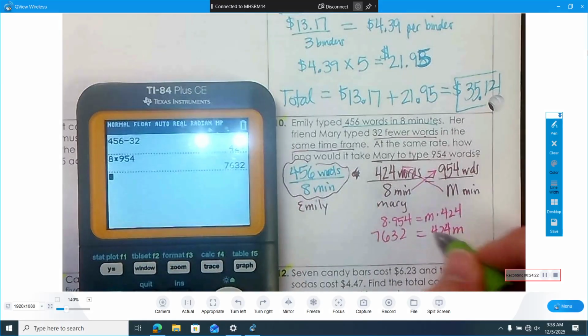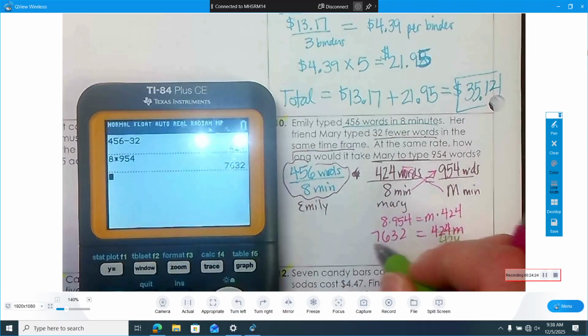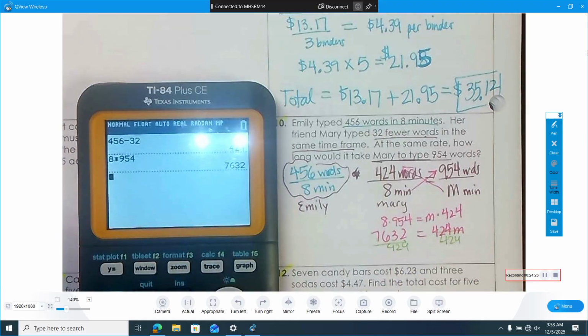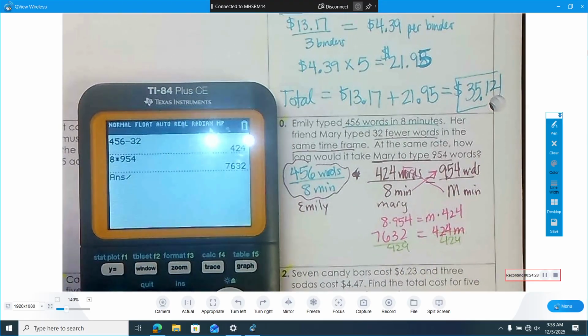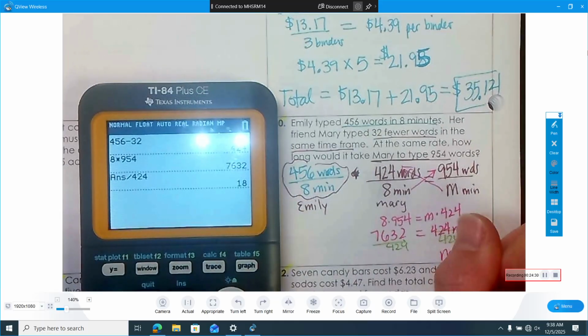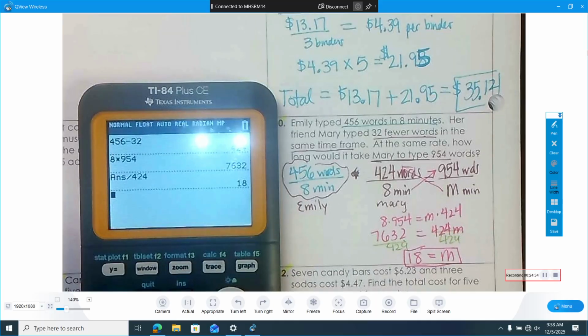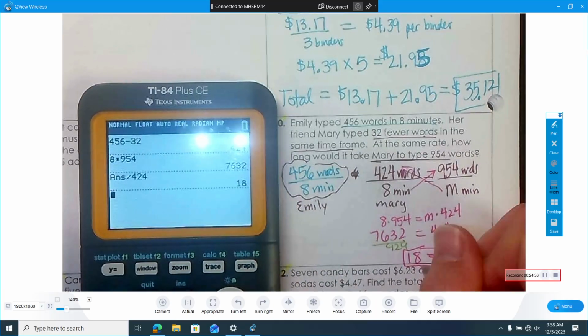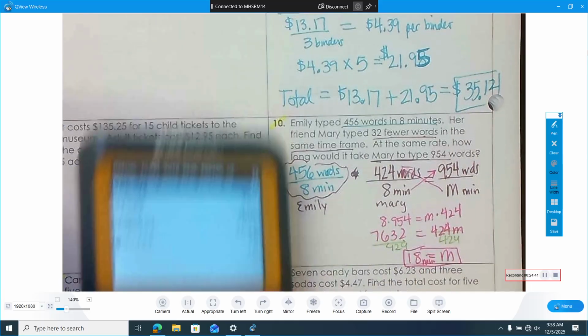Divide by 424. All right, so 7632 divided by 424 is 18. So it took Mary 18 minutes.